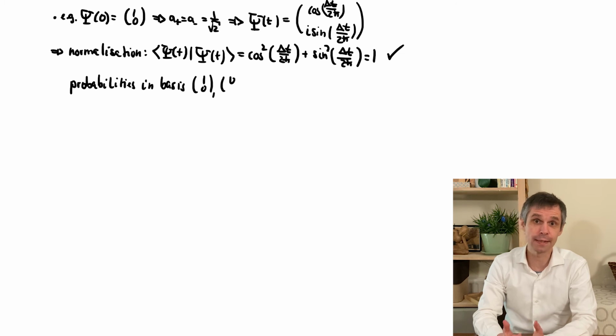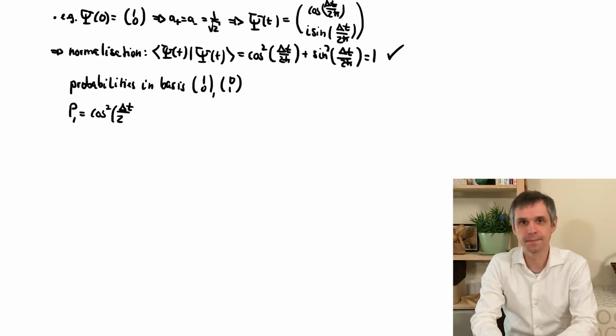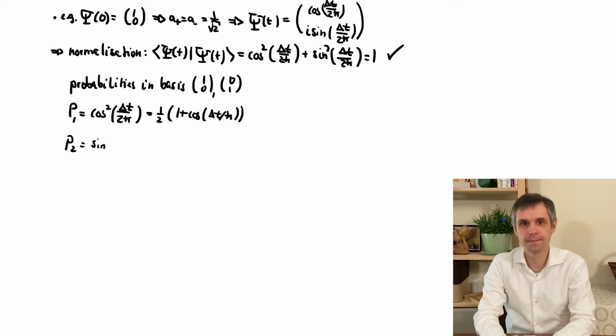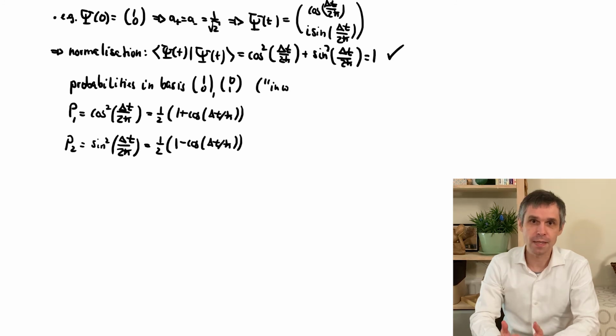omega equals delta divided by h bar. So this is an oscillation of the probability for spin up or spin down, or for the electron being in the left or in the right dot.